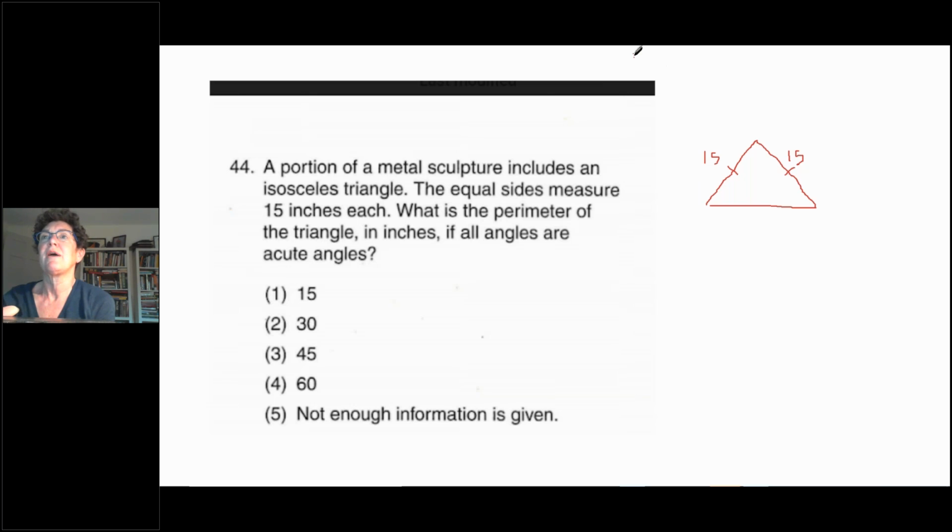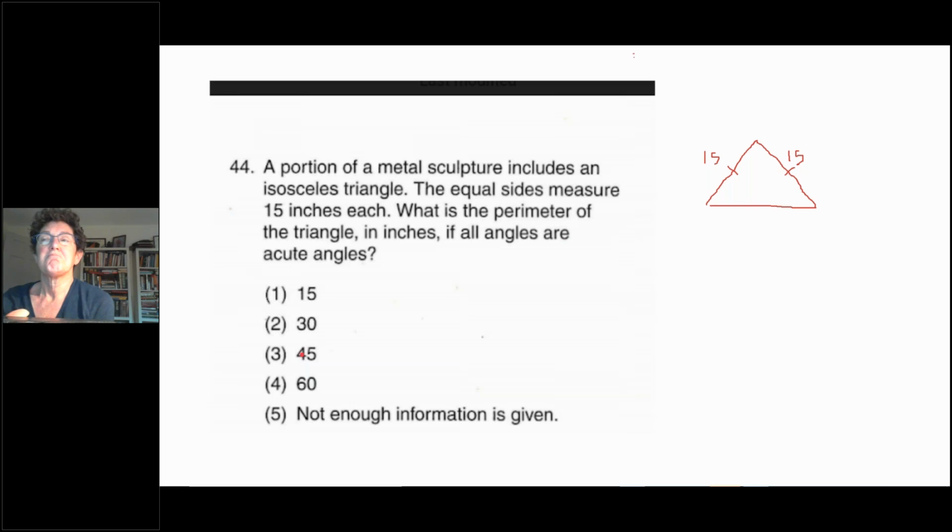I have two sides. What would I do for the third side? Well, 15 obviously is not right because the equal sides measure 15 and I have at least two of those. 30 can't be right because 15 plus 15 is 30 and that still hasn't given me anything for this side here.